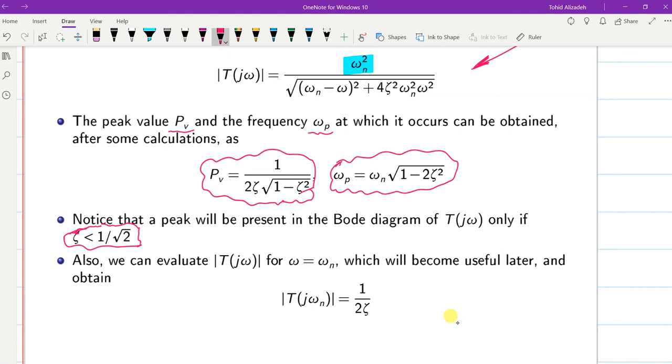We can also evaluate the amplitude of T, the closed loop system, when omega is equal to omega n, and here we have the value. It will be equal to 1 over 2 zeta.